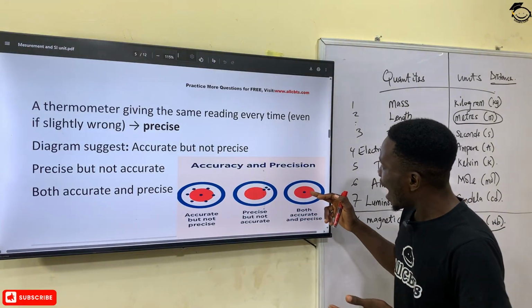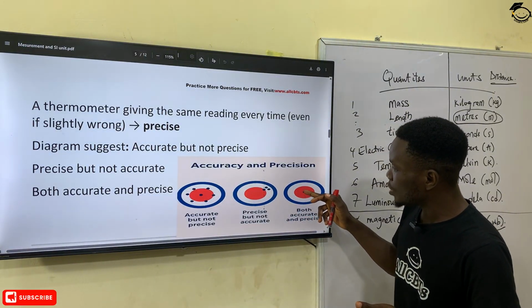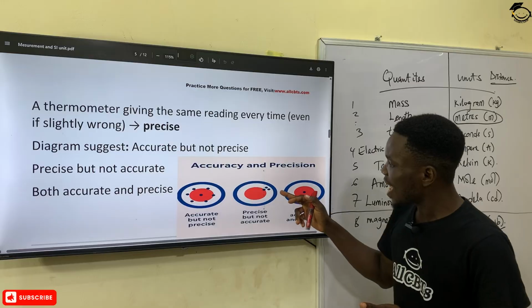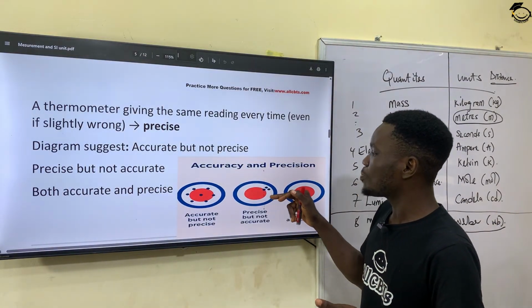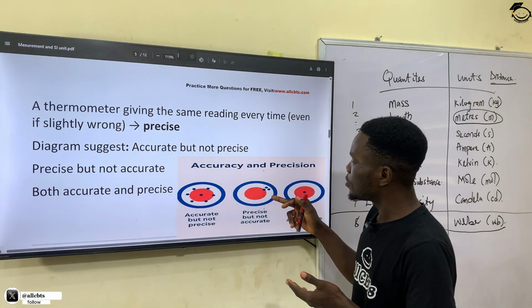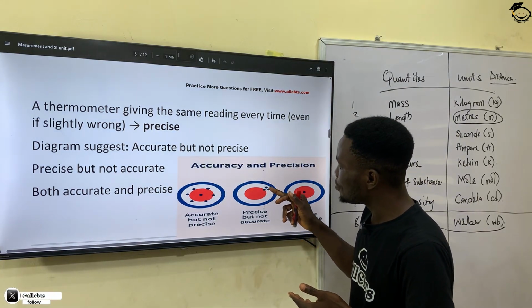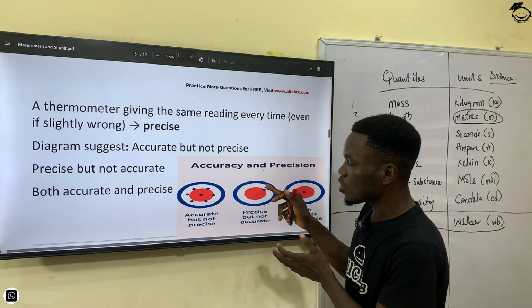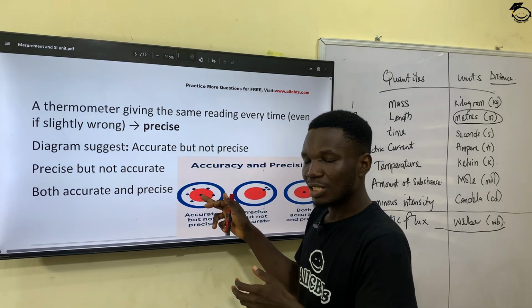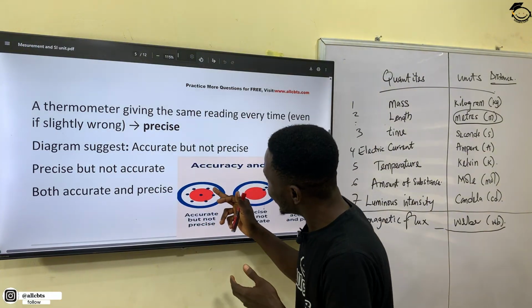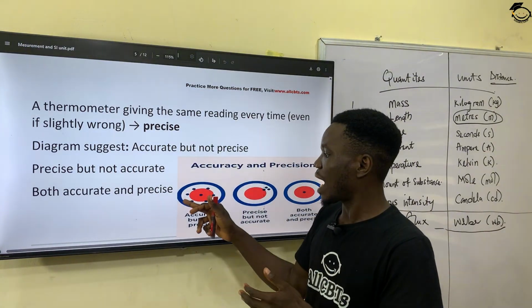Because they are all within the same range here. But here they are close together, but they are not at the exact point. We're trying to get the midpoint, but they are not all at the midpoint. They are all at the corner, but they are close by. While here, I have some of them at the midpoint, while the others are spaced far apart.